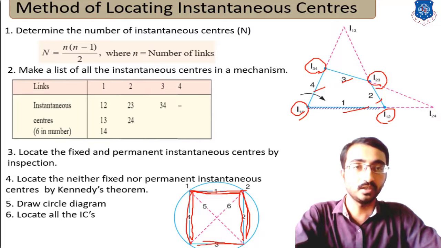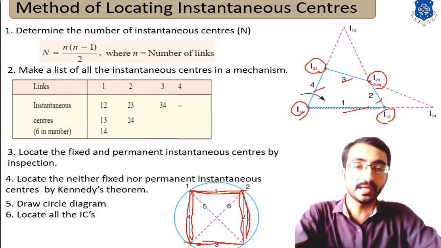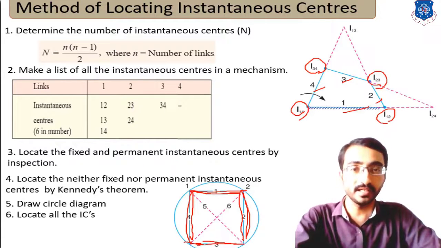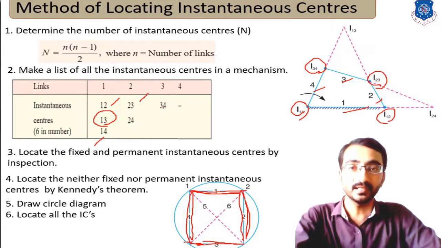In this way, 1, 2, 2, 3, 3, 4 and 1, 4 give us the whole mechanism, that is the whole perimeter of this square. Now we have to locate the remaining 2, that is I13 and another one. We have located 1, 2, 1, 4, then 2, 3 and 3, 4, and the remaining one is 2, 4.